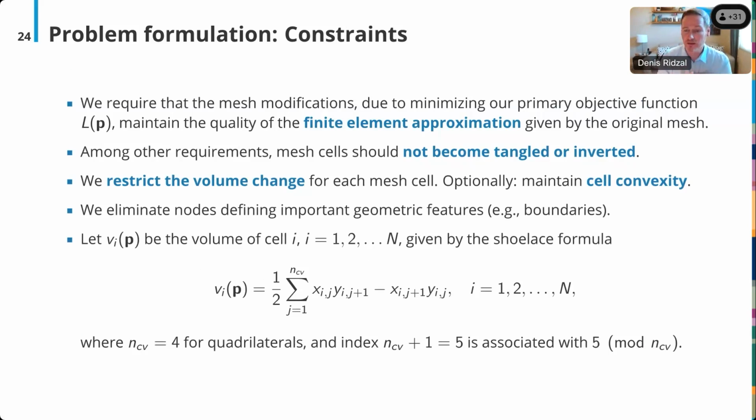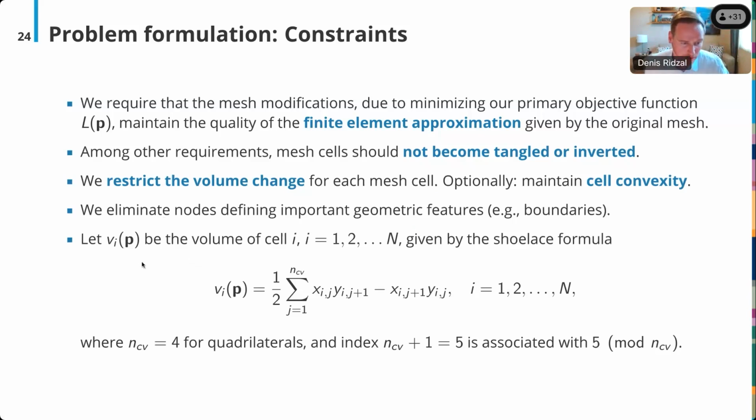Optionally, we can maintain cell convexity directly, which is what we did in the 2016 paper. In addition, you can eliminate all the nodes that define important geometric features. So you may have the boundary of the domain, and some important geometry inside, and we will eliminate those nodes and simply not use them as variables.